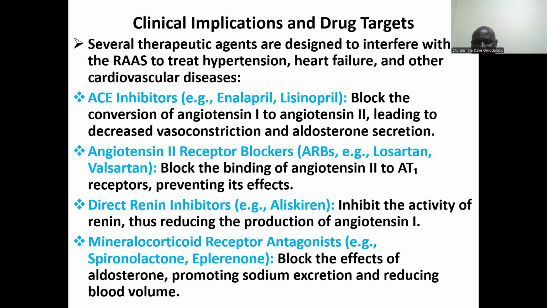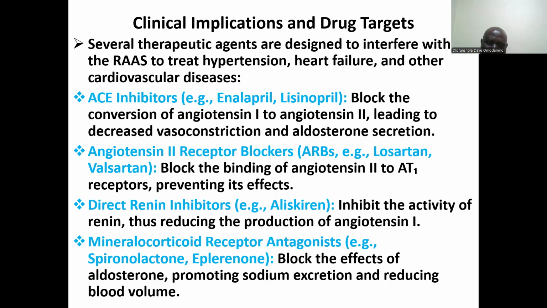Good drugs that have been very effective for this are losartan and also valsartan. They block the binding of angiotensin 2 to AT1, that is angiotensin receptors, to prevent the effect of angiotensin 2. I think it makes sense.